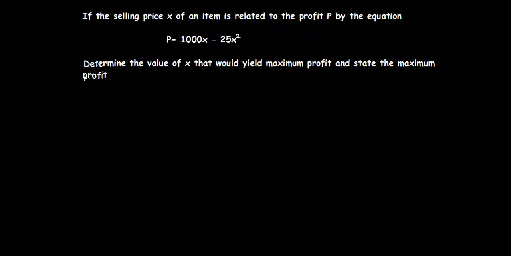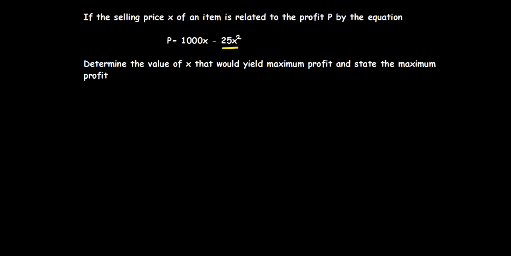So we've been told that x relates to p through that formula there. Now, because we're applying quadratic functions here, we must look at the square term. We see that we have negative 25x squared, meaning our a is less than 0.